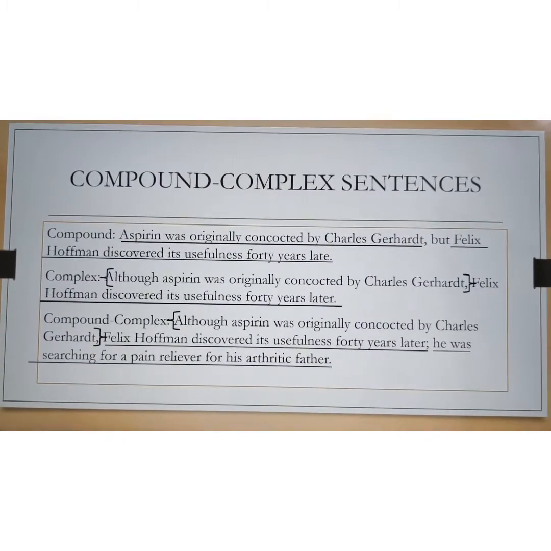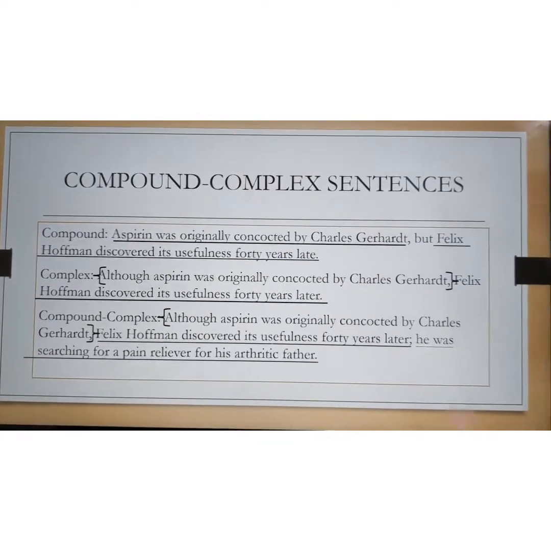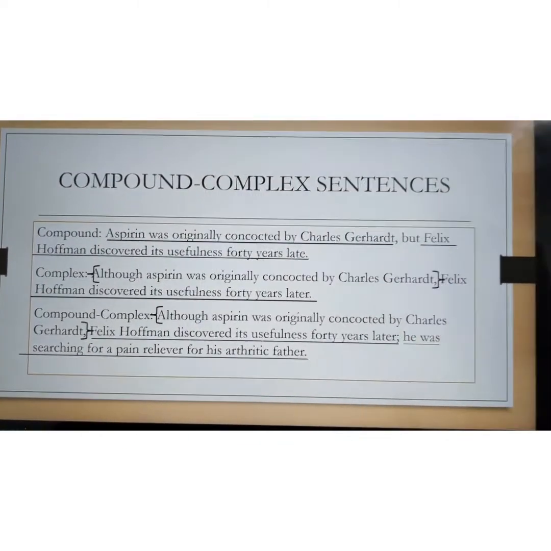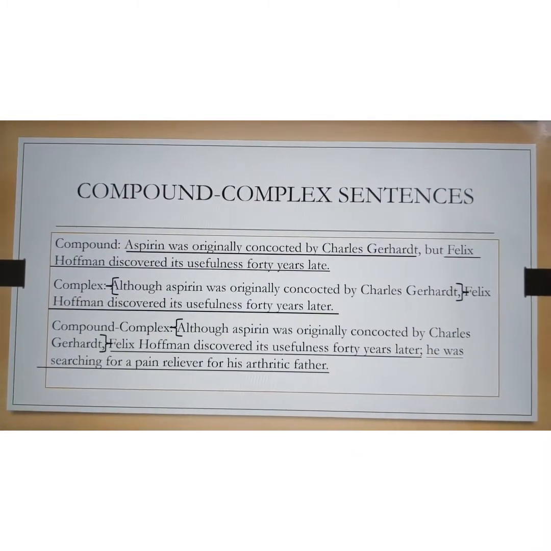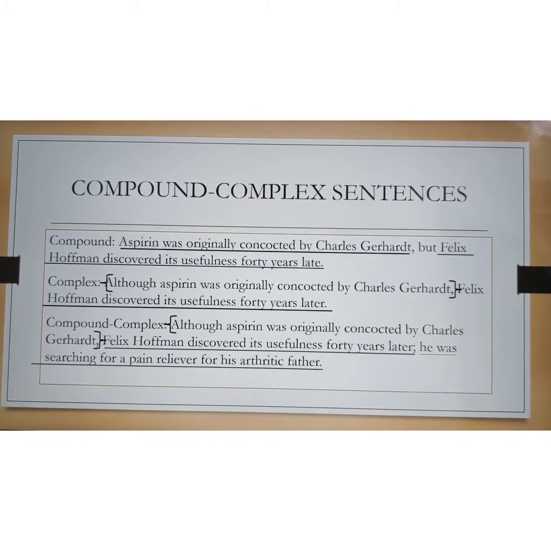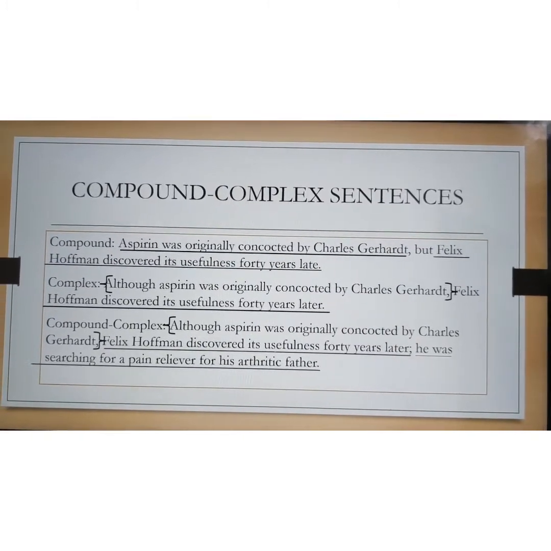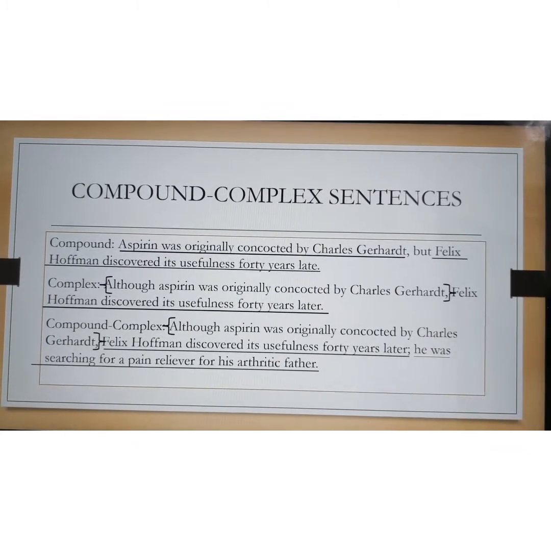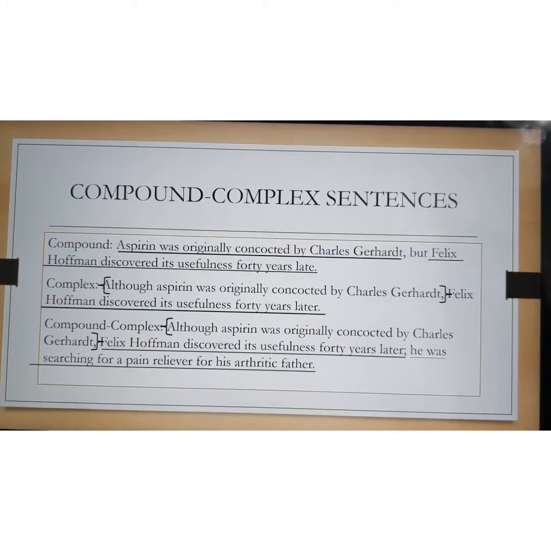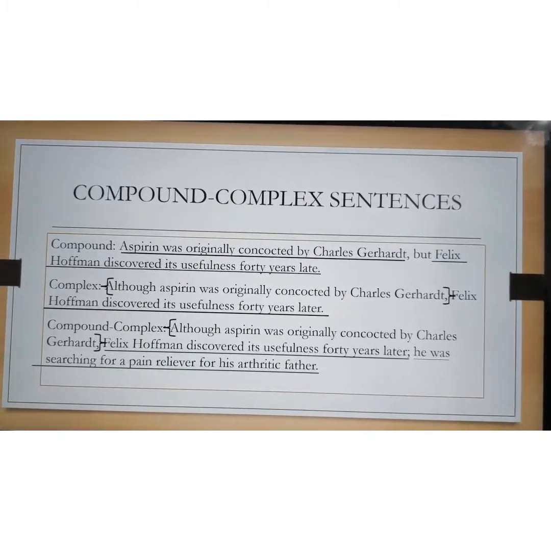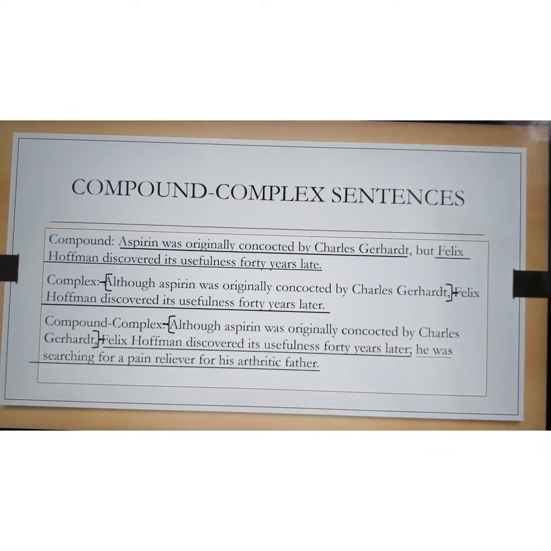Our compound sentence only has two independent clauses connected by a conjunction. Our complex sentence has one independent clause and one dependent clause. And our compound complex sentence, compound means it has to have two independent clauses, and then complex means it has to have at least one clause that is depending upon the other two independent clauses.